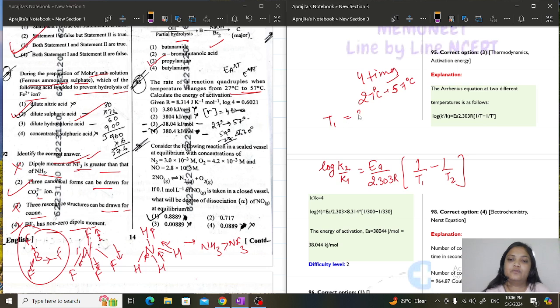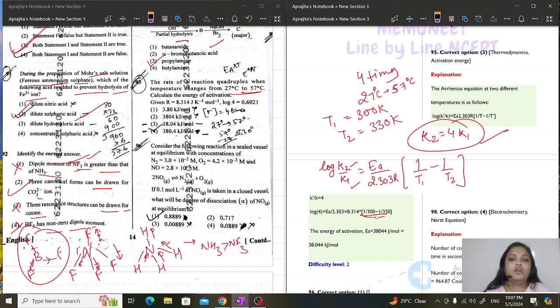Here we'll add 273, so T1 is 300 Kelvin, and T2 is 330 Kelvin. K2 is 4 times K1 because it is becoming quadruple.